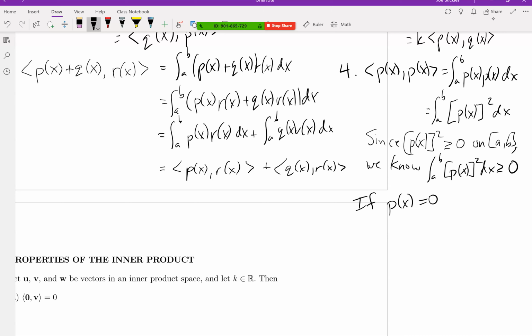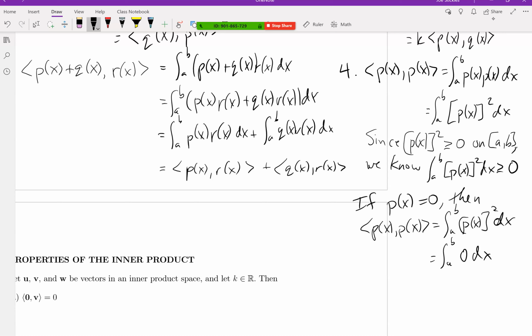If the function is the 0 function, then certainly if I take the function and dot it with itself, we already said that that was equal to the integral of p of x squared. But if p of x is 0, I'm just integrating 0 over the interval from a to b.